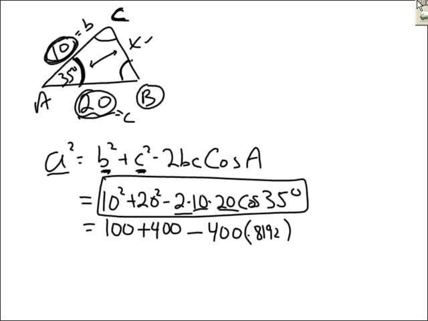I would just type in 10 squared, the square button, plus 20, then the square button, minus 2 times 10, the times button, 20, the times button, the cosine button, 35, and then your equal button. And I get 172.3392.